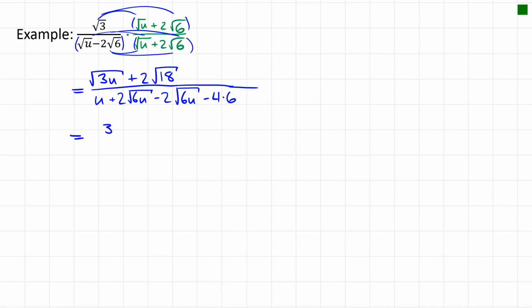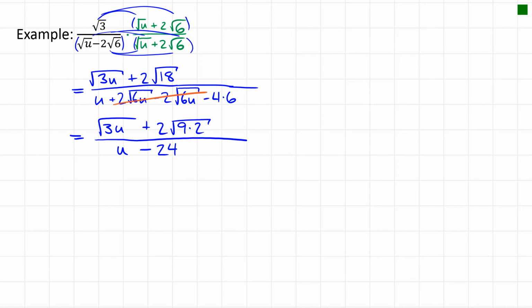So as I said in the numerator, I have 3 root u plus 2, and I can simplify root 18 by using 18 is 9 times 2. And in the bottom, I see that cancellation happen in those radical terms, and I'm left with just u minus 4 times 6, or u minus 24.